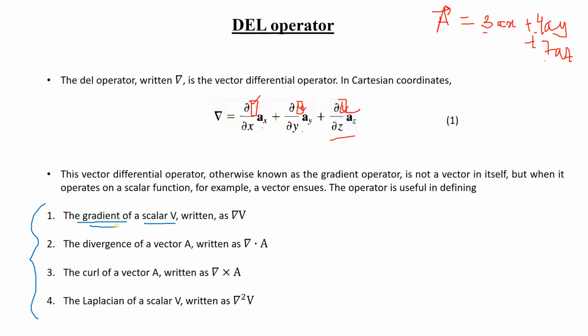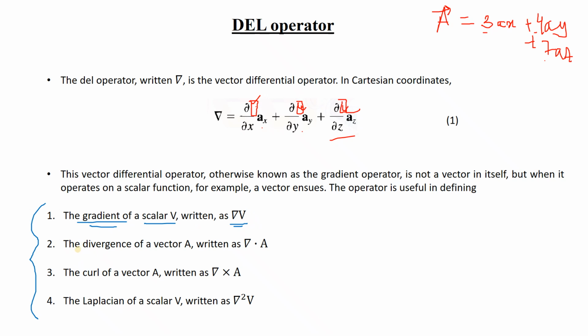When it is applied on a scalar, it is called the gradient of a scalar. So the name changes. We don't write del operator of a scalar, we write gradient of a scalar. If V is a scalar, it is represented as del V.